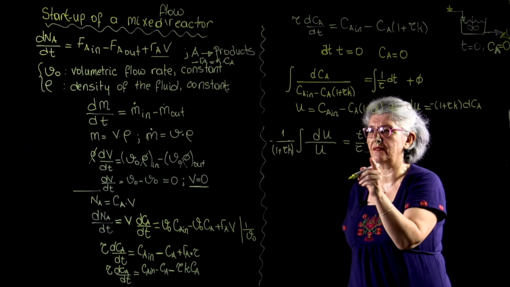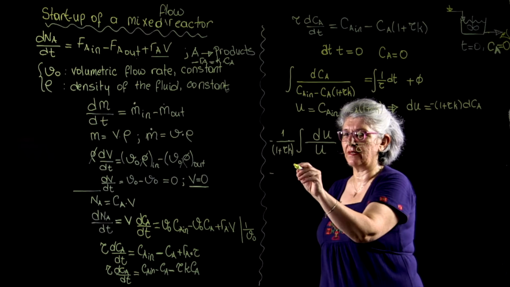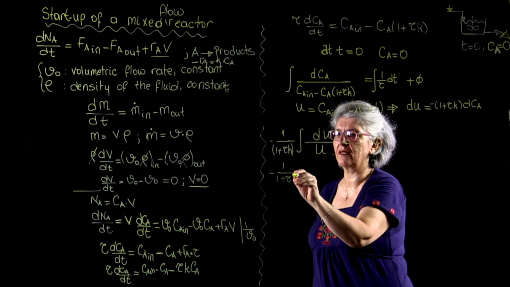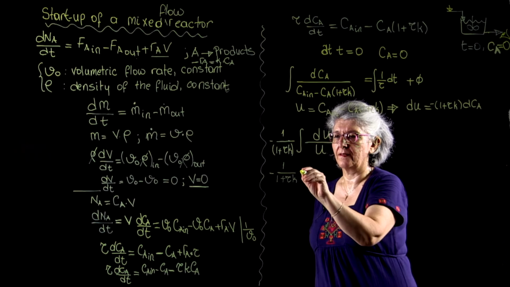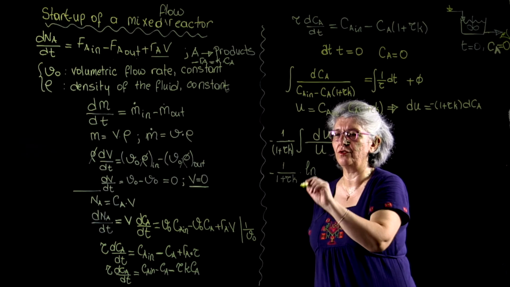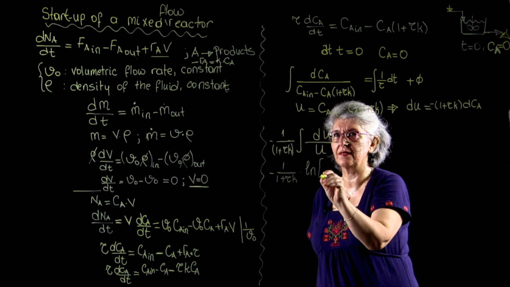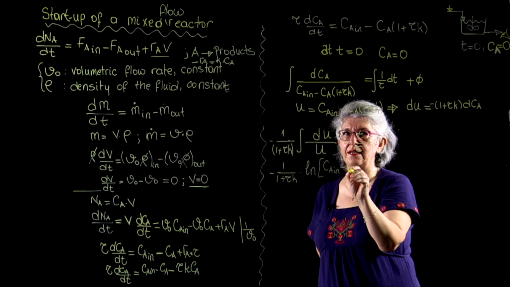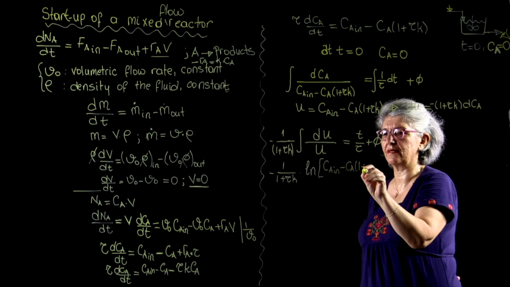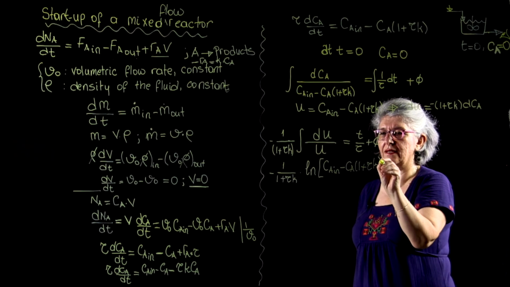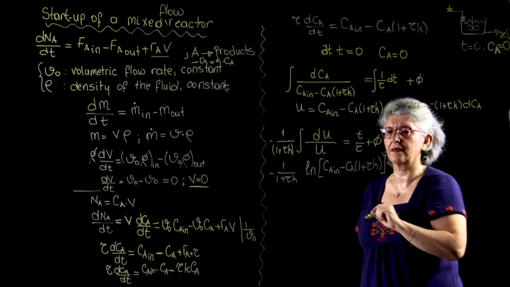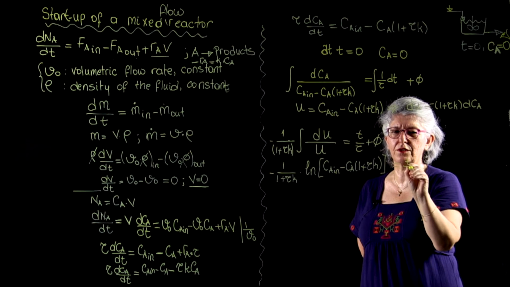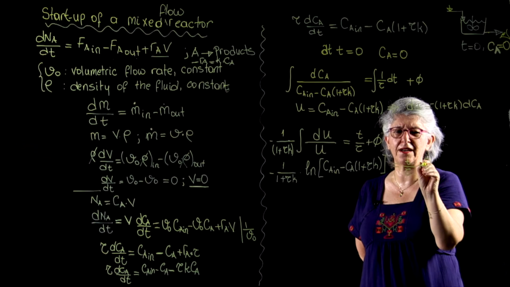I will carry out this algebra as 1 over 1 plus tau k times ln of u, and u is this, Ca in minus Ca times 1 plus tau k, which is equal to t over tau plus phi.